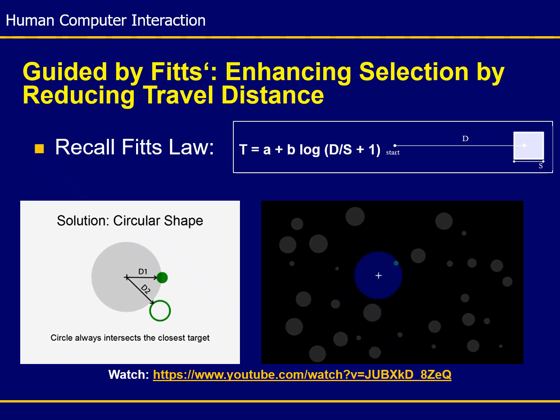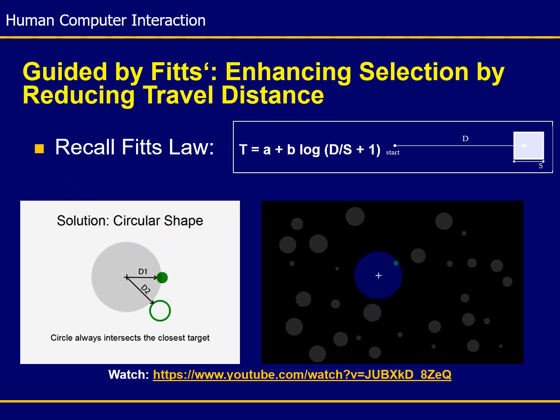Okay, you will see in this video that I'm linking from this slide a variation of what's called circular cursors, or area cursors, a variation that shrinks and expands to encompass the closest object that appears on the screen. And this is very interesting.